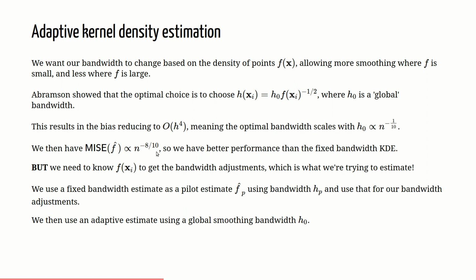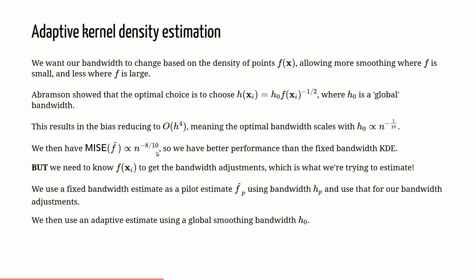So not only does it make sense, because most of our point patterns that we see are going to be heterogeneous, so we're going to want the smoothing to change across the region, but it also, for free, gives us a better estimate in terms of the bias. So the bias is reduced, therefore essentially we can get a better estimate with a bit less data, is what it comes down to.